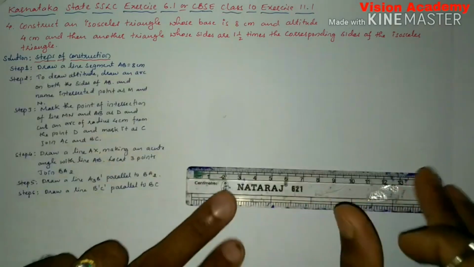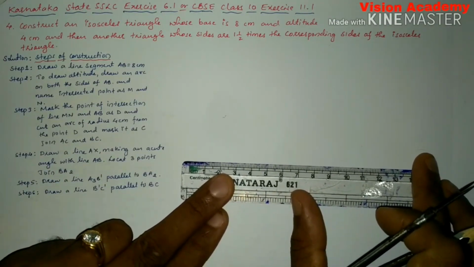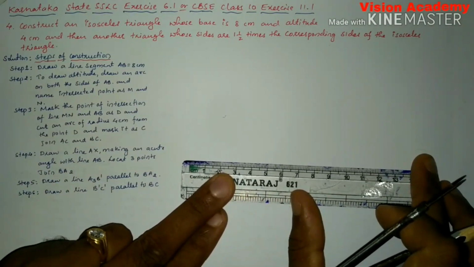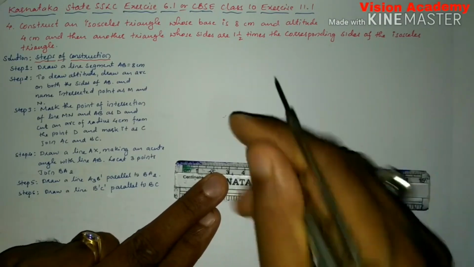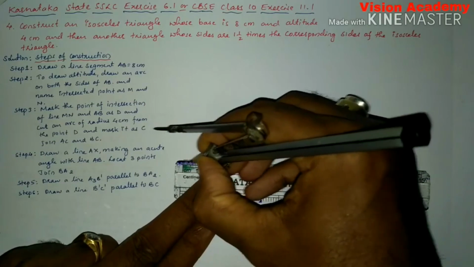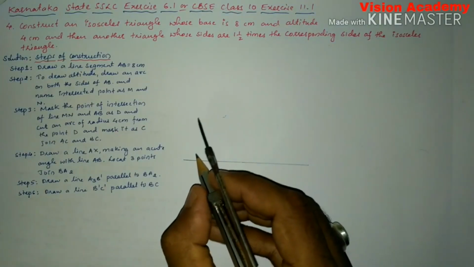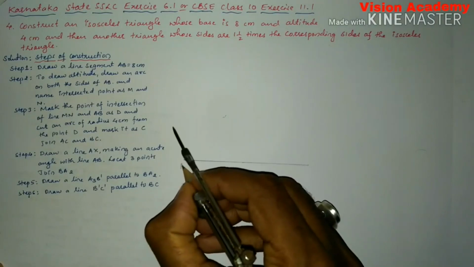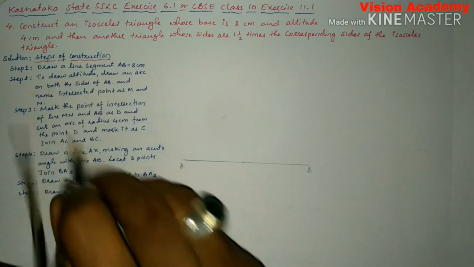Now let us draw a line of 8 cm, and let us name this as AB. Now go for step 2.